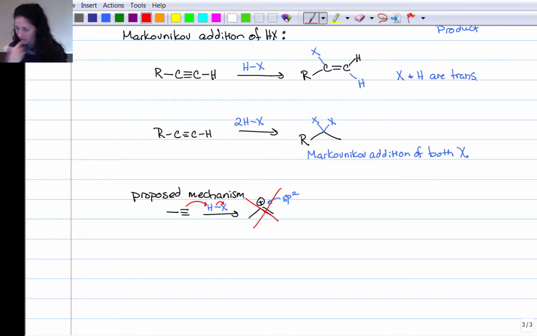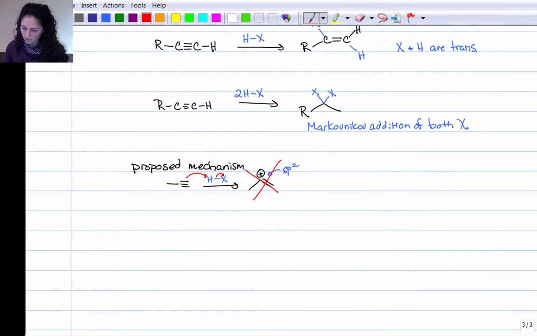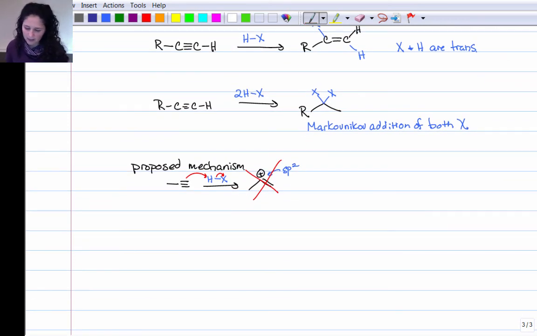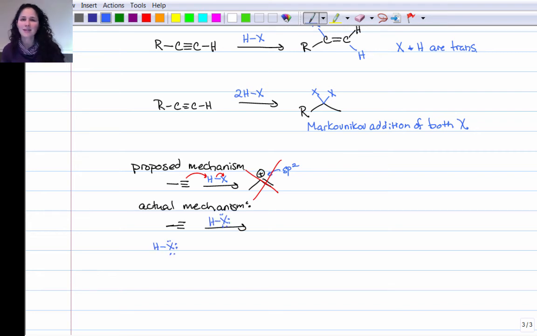Remember, that was one of the rules we talked about: you don't have carbocations on sp2 hybridized carbons. So because we get the Markovnikov product in both cases, and because we observe that the halogen is always trans to the hydrogen, there's a different mechanism. In this mechanism, there are basically two equivalents of HX reacting at once.